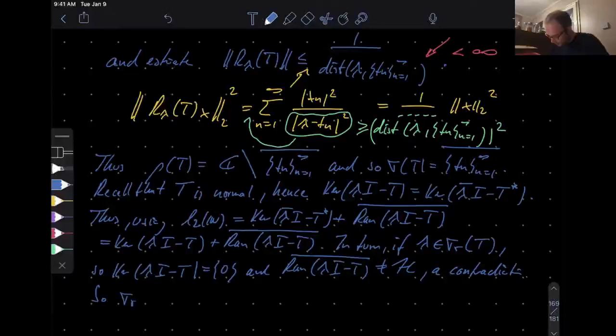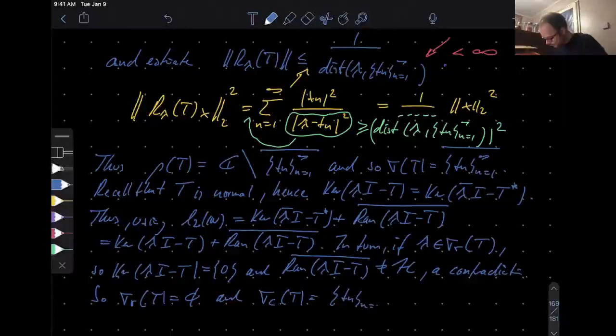So the residual spectrum is empty, right? And so then we are left with what? The continuous spectrum. This is the complement of that closed thing minus, well, all the elements in your sequence. Okay, that's it. All right, that's it.